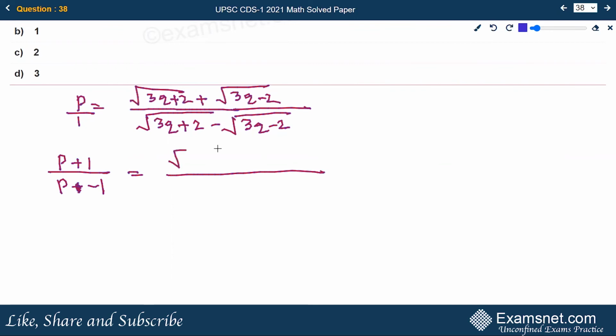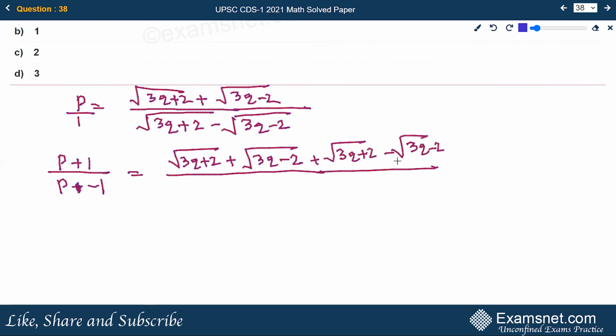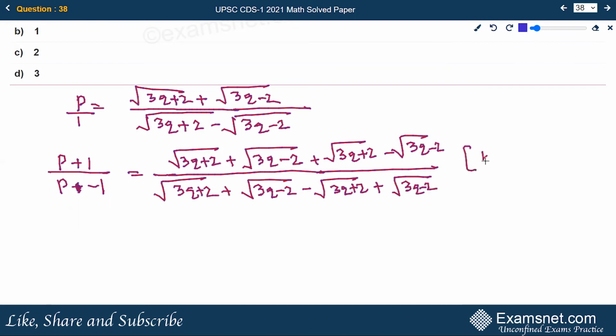So it will be the same 3Q plus 2 plus 3Q minus 2 plus root under 3Q plus 2 minus 3Q minus 2 by 3Q plus 2 plus 3Q minus 2 minus root 3Q plus 2 plus 3Q minus 2 by componendo dividendo.